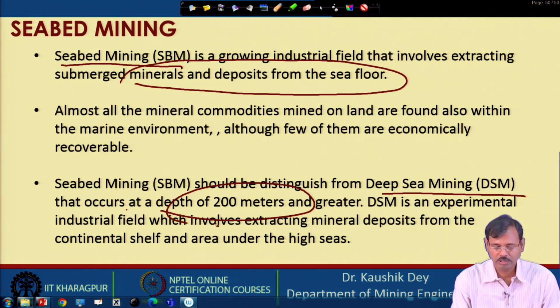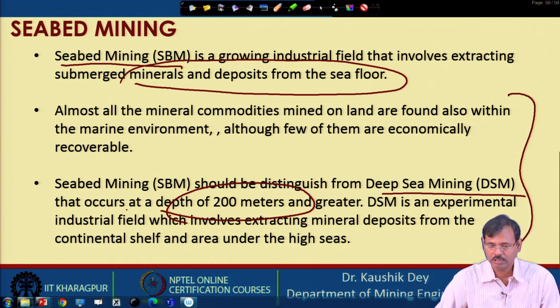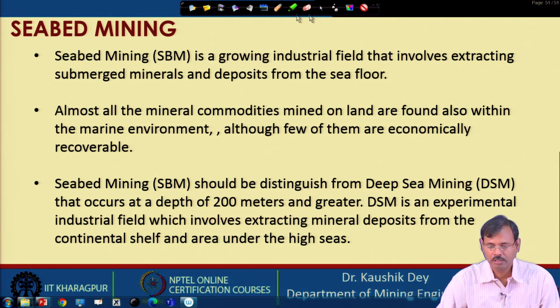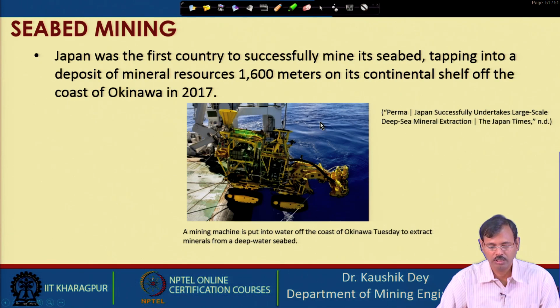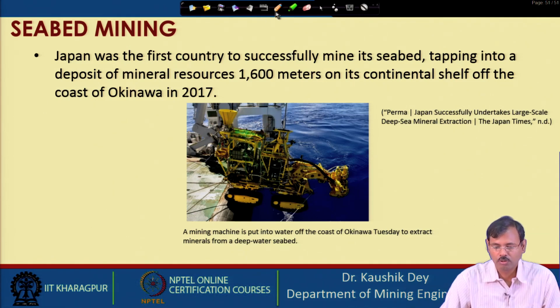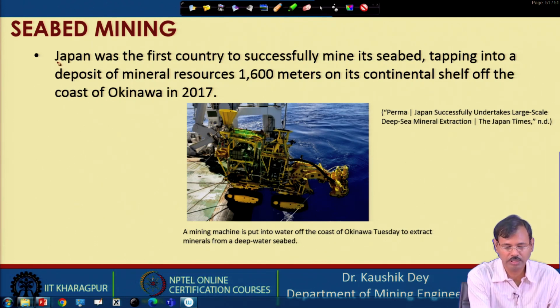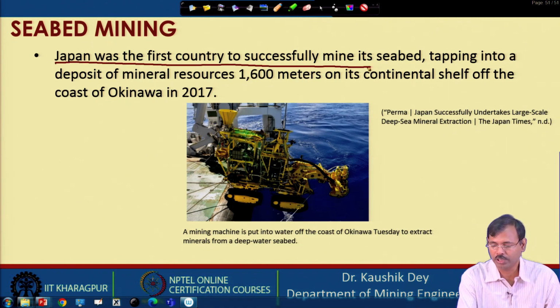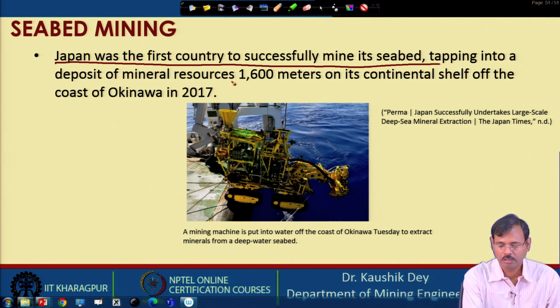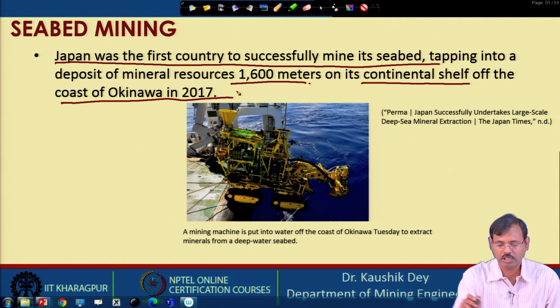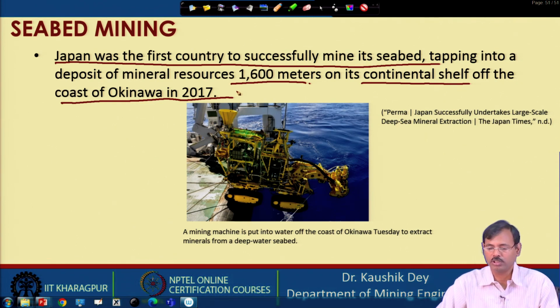But when all these things are carried out, monitoring has to be carried out by the international authority. As per web source availability, Japan was the first country to successfully mine its seabed at 1600 meters on its continental shelf off the Okinawa coast in 2017, and this is a photograph of the same.